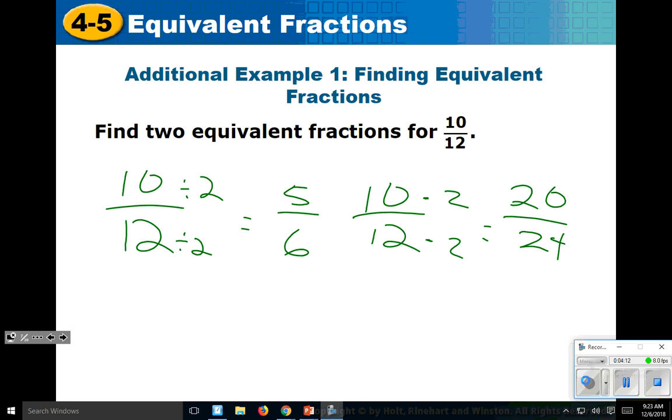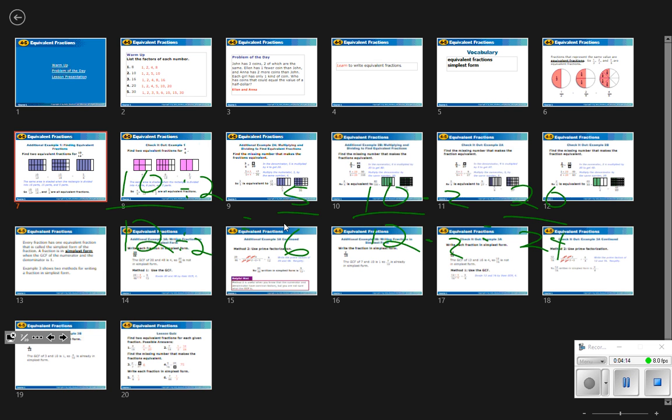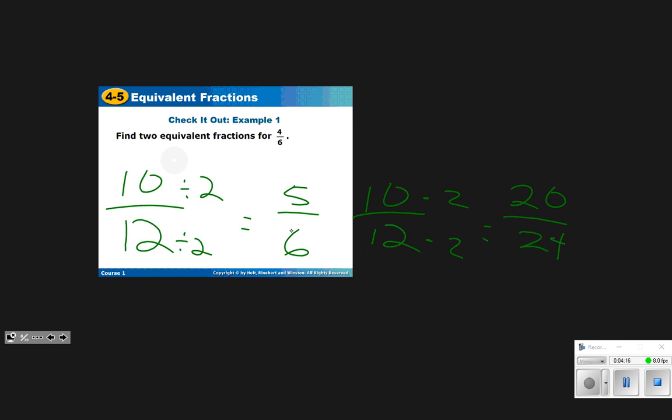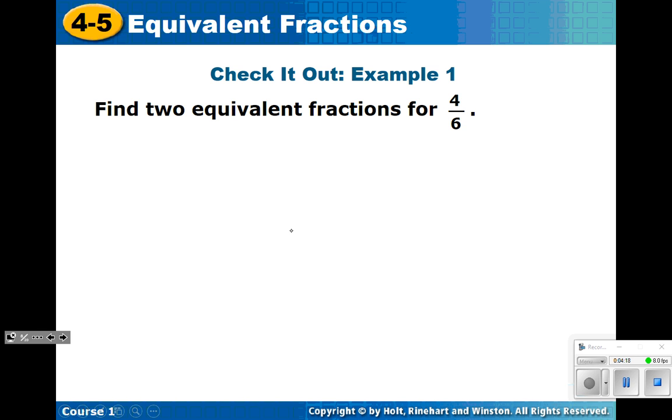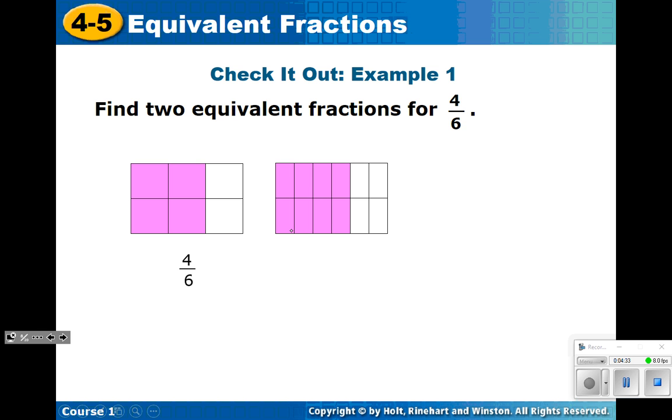Next. Four sixths, same thing. You got your pan of brownies if you want. I know I'm probably making you guys hungry. Cut it into 6 squares. Eat 4 of them would be the same as if you cut it into 12 squares and ate 8 of them.